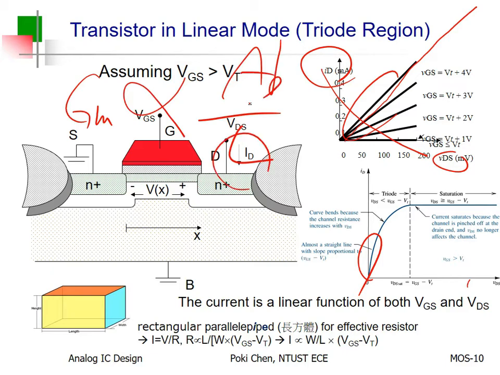The higher the drain voltage, the less the cross-sectional area, which means the less the conductivity.